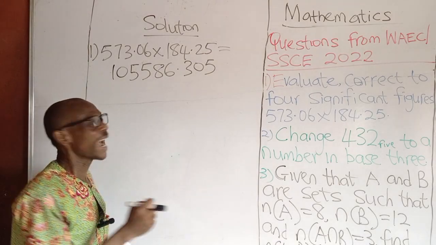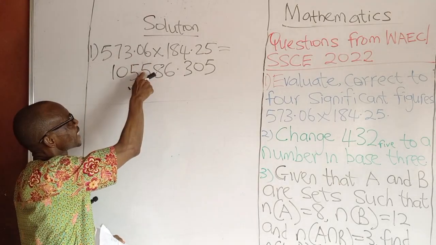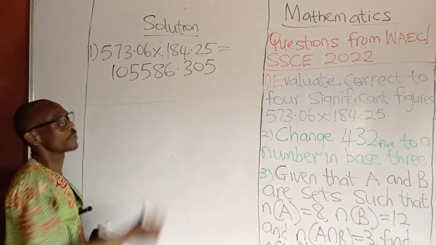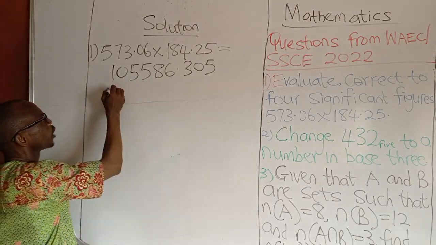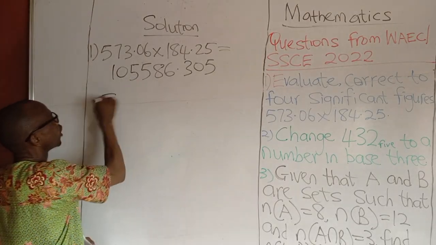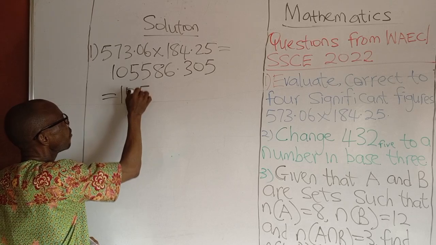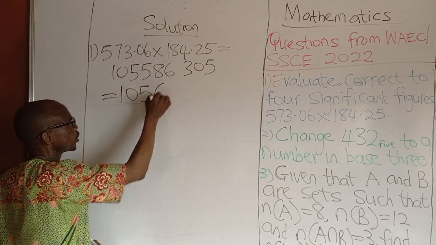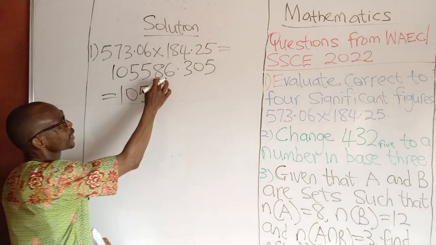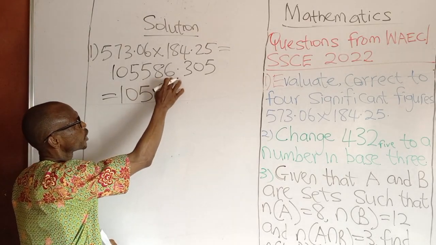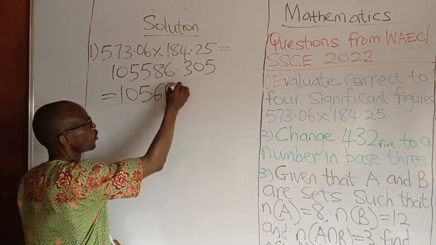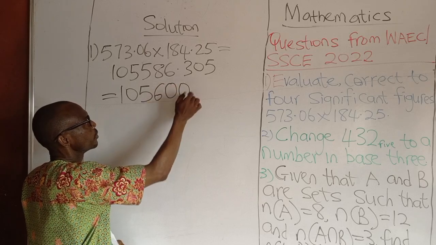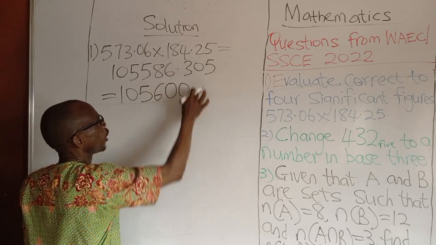10. And we now carry the 1 and add to this value 5 here. So what we have now becomes what? 105 plus the 1 we carry here now becomes 6. Then every other value here, the 8 and 6, will now turn to 0, 0, because there's a decimal point here.